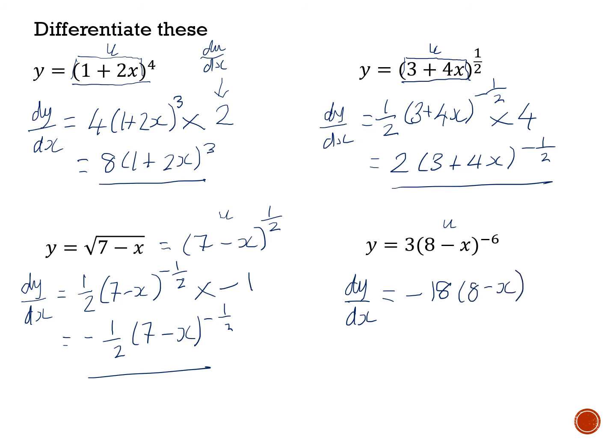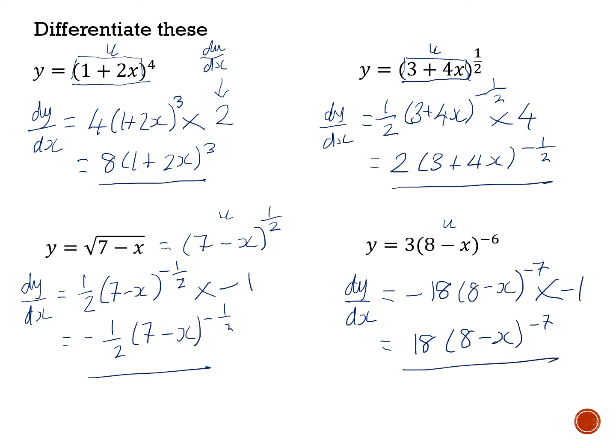Careful with your signs here. Reduce the power by 1, that becomes a minus 7. Big times sign, this is your times by du dx. What's the differential of the bracket? Gives me a minus 1. So just be really nice and accurate with that. Tidy it. Get 18, 8 minus x to the minus 7.